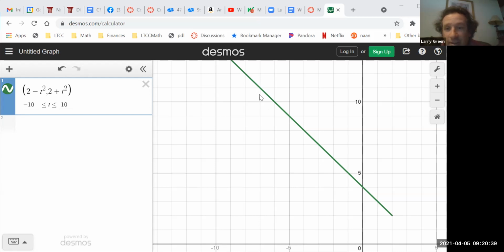If I showed you this graph, there is no way that you could come up with these parametric equations and know that it's the answer. Because 2 minus t to the 4th and 2 plus t to the 4th will look exactly the same. And what we're missing with this graph is how the particle is moving. And that is really important.